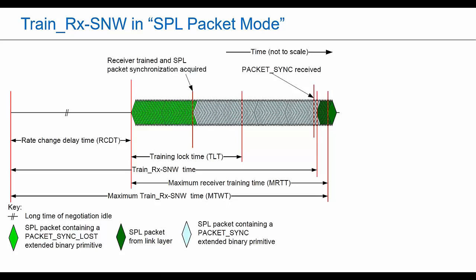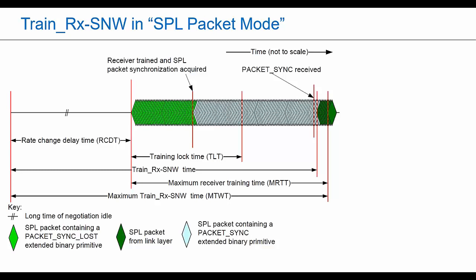Okay, so assuming devices complete TX training, they move to receiver training. The train RX SNW, sorry. This image is from the spec. It shows one direction, but of course the sequence is going on in both directions.